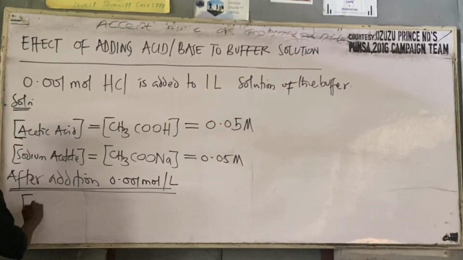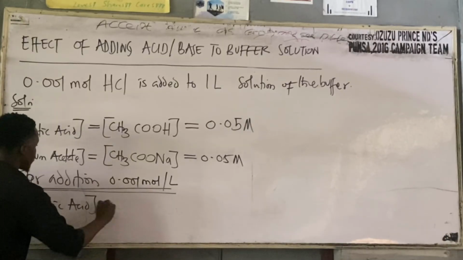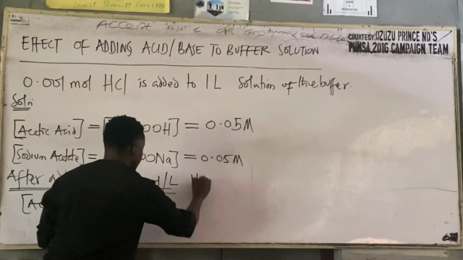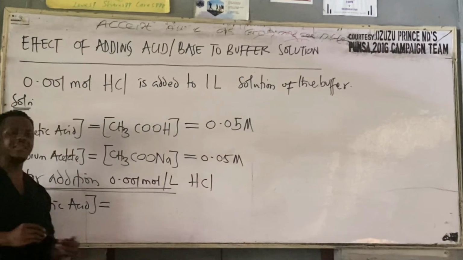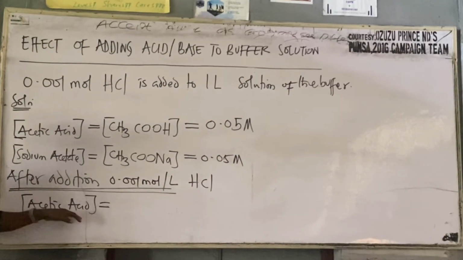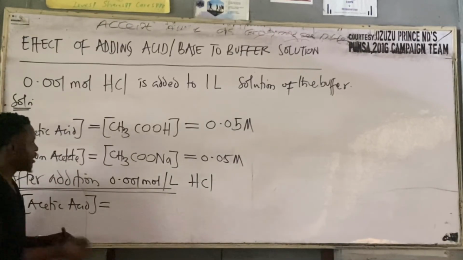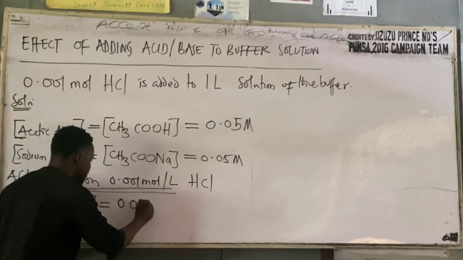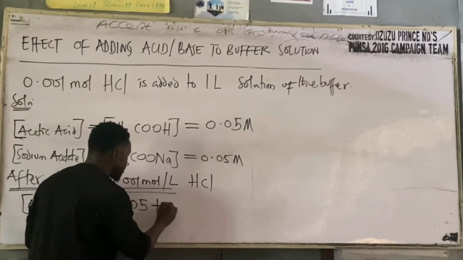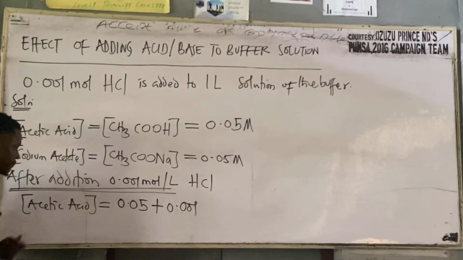Now, acetic acid plus, is this HCl an acid or a base? So therefore, the concentration of the acid will increase by this amount. Is it not so? Initially it was 0.05. It will now be plus 0.001. Please do this.